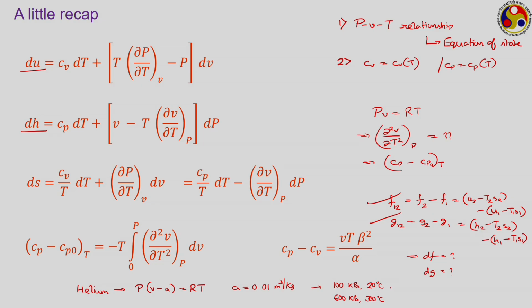So, from this you calculate the changes in all the corresponding thermodynamic potentials. That is, I am asking you to calculate the changes in specific internal energy, changes in specific enthalpy, changes in specific Helmholtz free energy and changes in Gibbs free energy, and in addition you also have to calculate the changes in specific entropy.